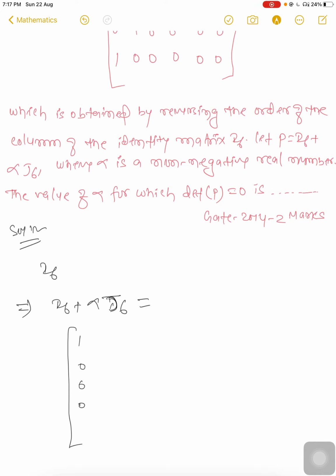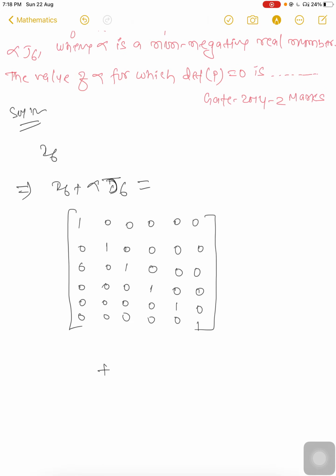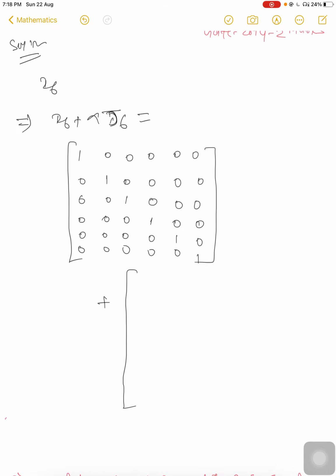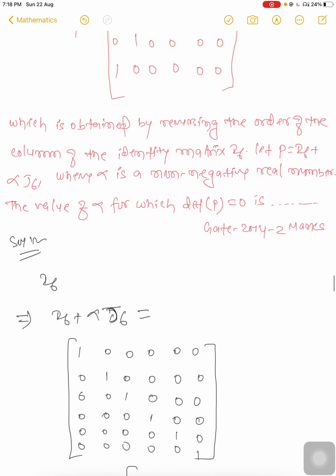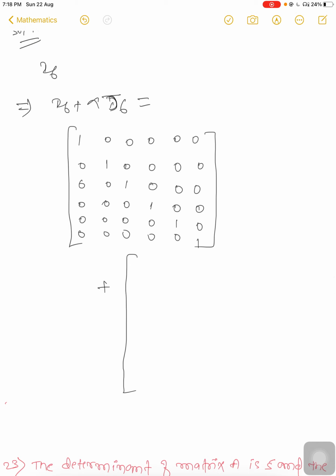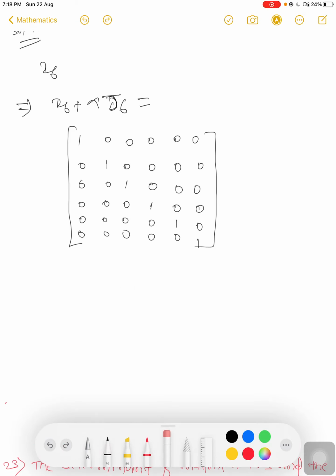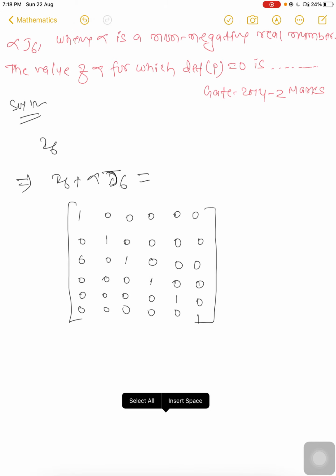Then when you add alpha J, what will happen?